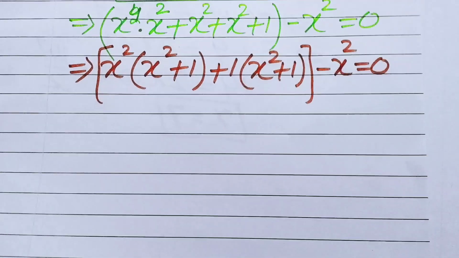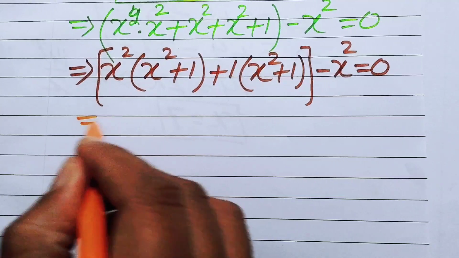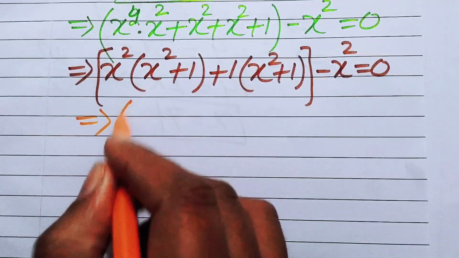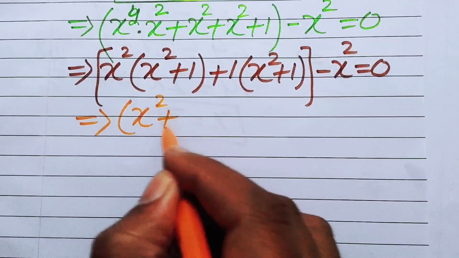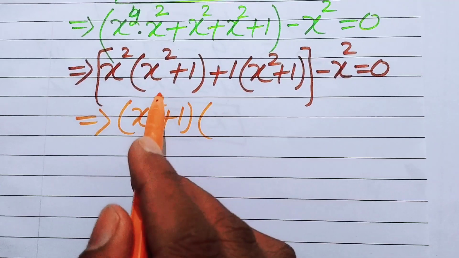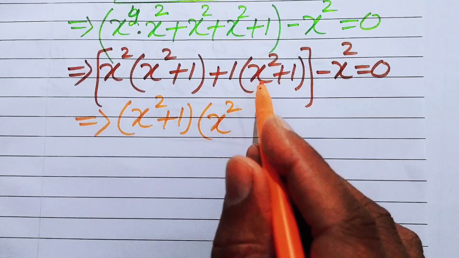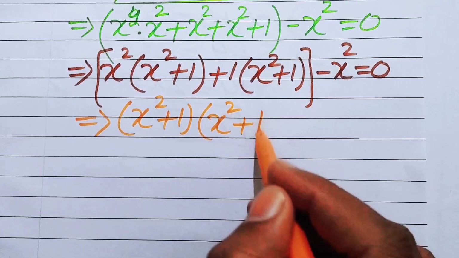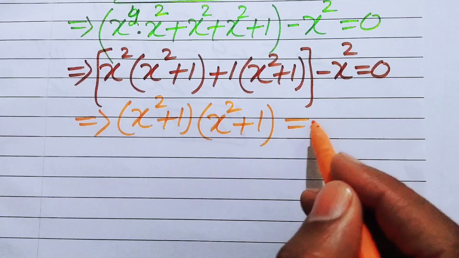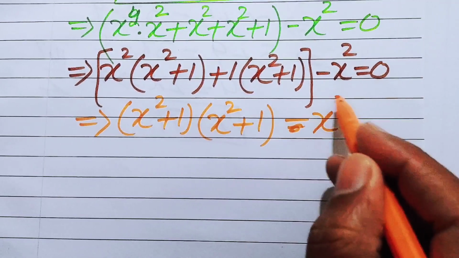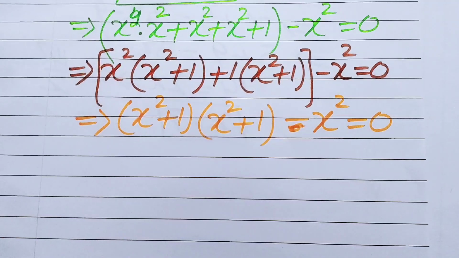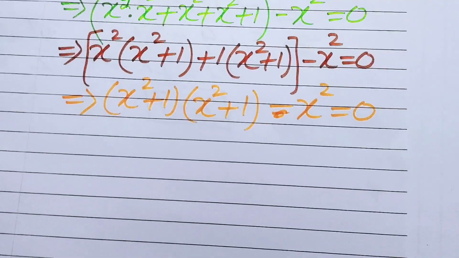Here you see that x square plus 1 is the common factor, so we take common x square plus 1 and we write it as x square plus 1 times, and when we take common x square plus 1 you get x square plus 1, and this is minus x square, equals 0.